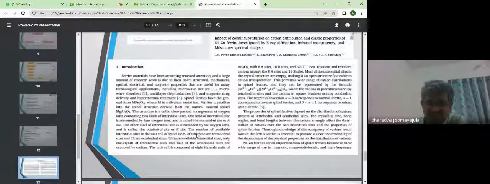In the first paragraph, I have explained what ferrites are, why ferrites are important, and what the applications are. It can be used in microwave devices, as absorbers, as multi-layer chip inductors, or for hyperthermal treatment.